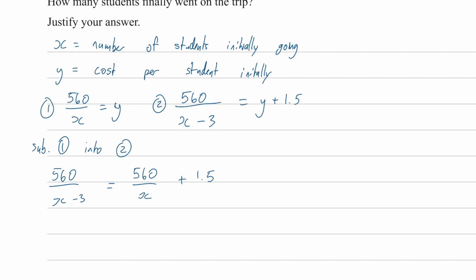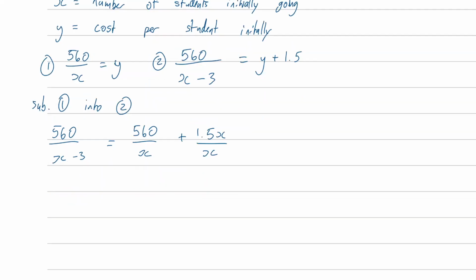Great, so we have some fractions here. So on the right hand side, I'm going to write 1.5 as 1.5x divided by x, which then just lets me combine those terms. Because I haven't changed 1.5, that's still 1.5, but it's like cross multiplying essentially.